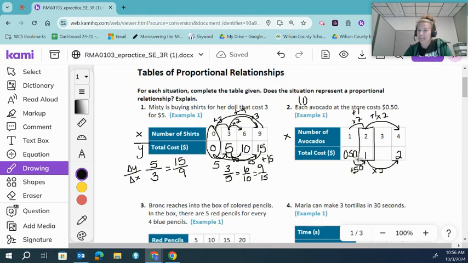So as we increase, we go plus 50 cents. Well, I could add 50 cents again. So 1 plus 50 cents, because we added one more avocado, which means we're going to add 50 more cents. So you can use either method here to fill out these tables. But this represents 4 avocados cost $2.